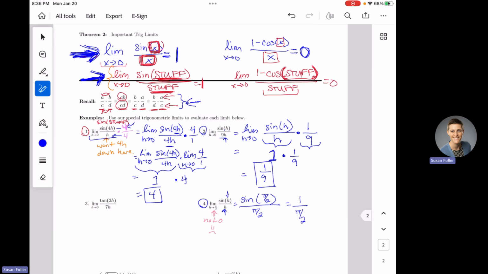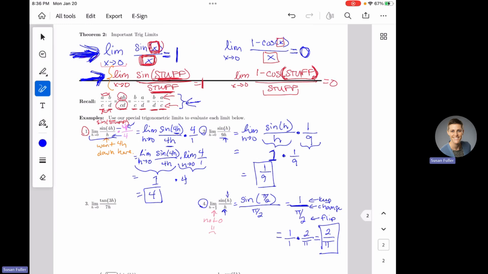To divide by fractions, you keep the top, change the division to multiplication, and flip the bottom. So we multiply by the reciprocal of pi over 2, which is 2 over pi. And when we multiply across, we get 2 over pi. That is the value of this limit.